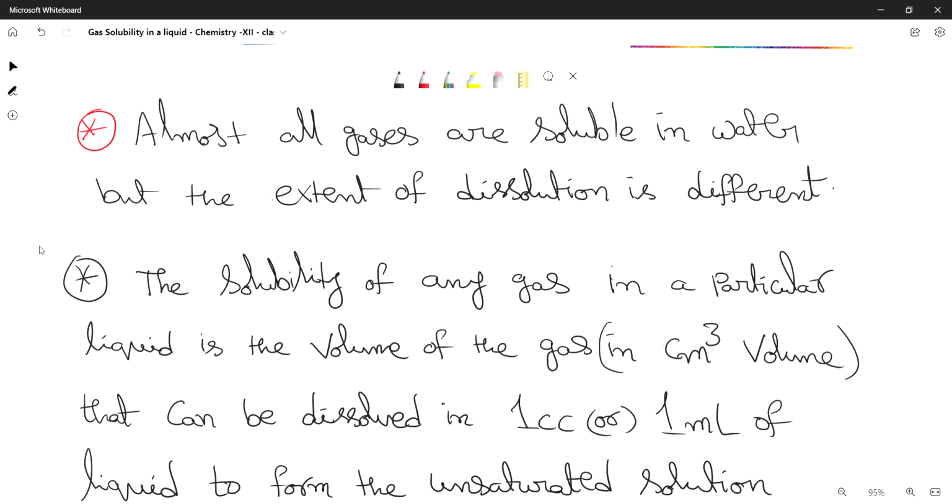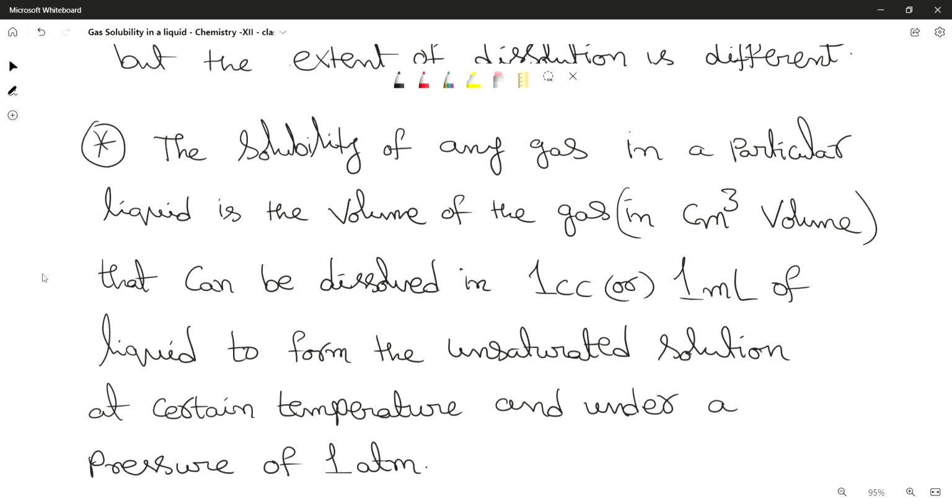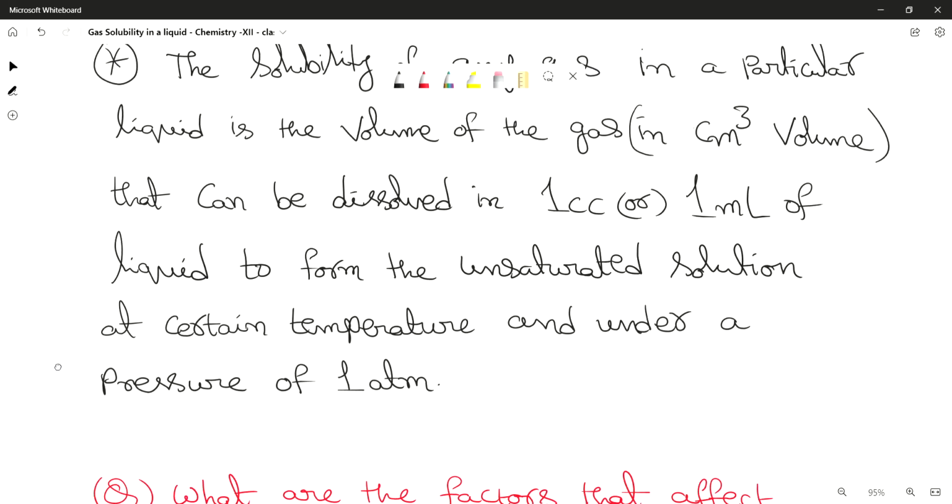The solubility of any gas in a particular liquid is the volume of the gas, measured in centimeter cube, that can be dissolved in 1 cc or 1 ml of the liquid to form a saturated solution at a certain temperature and at a pressure of 1 atmosphere. So that is the definition.